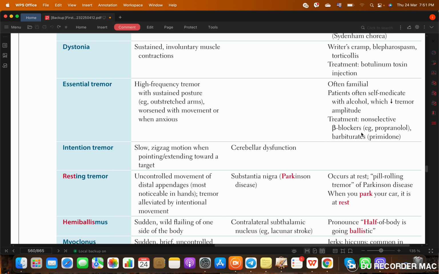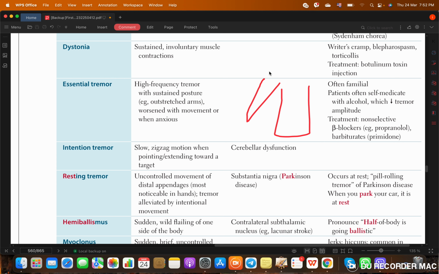And when you tell the patient, for example, to take this pen and grab something and put it inside of the tube, that will be horrible for him to do, okay? So that's essential tremor. Often familial, and patients often self-medicate with alcohol because alcohol actually does stop the tremor, which decreases the tremor amplitude.